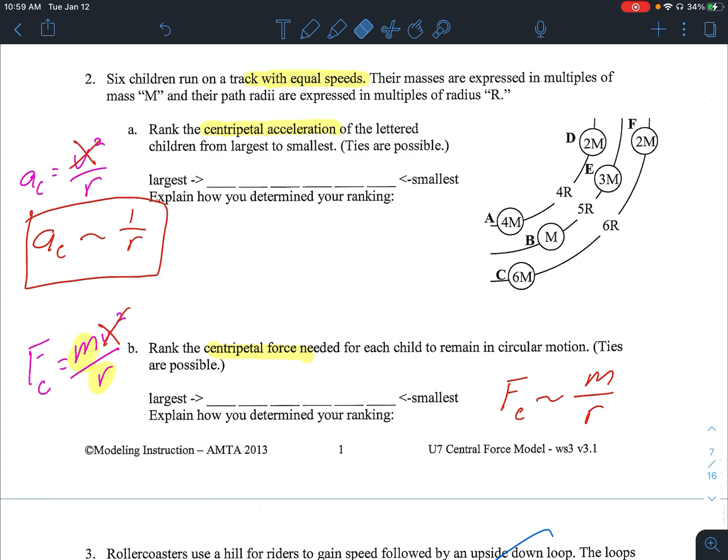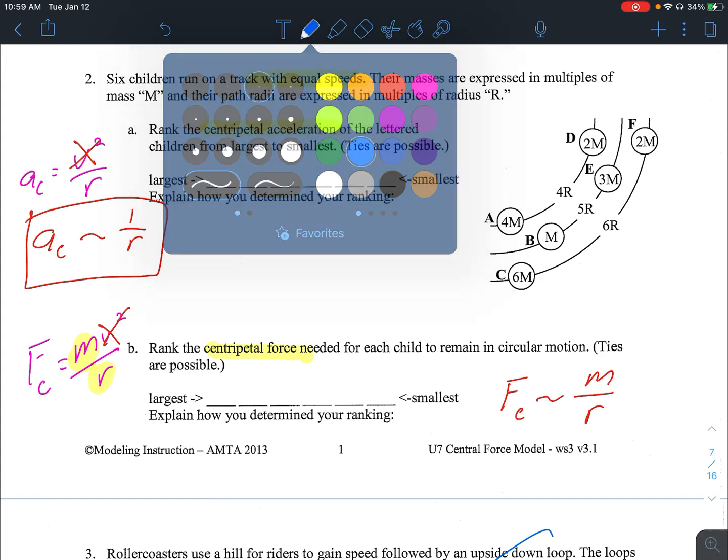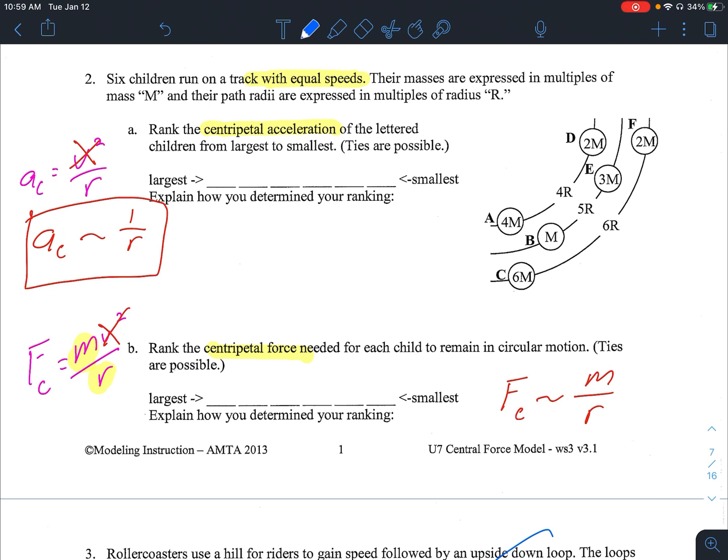So looking at that, in this relationship, it's going to be 4m over 4r. So we're not really concerned with the m and the r. It's going to be the same for every runner. So we can just look at this as 4 over 4, so that's got a value of 1. So runner A would have a value of 1.